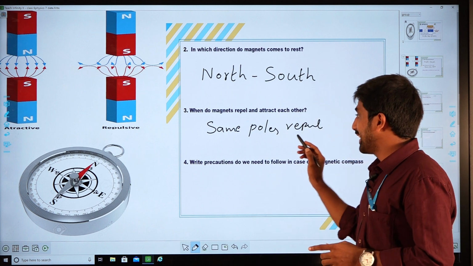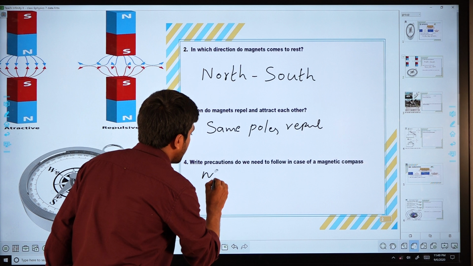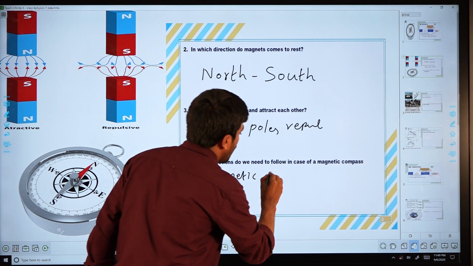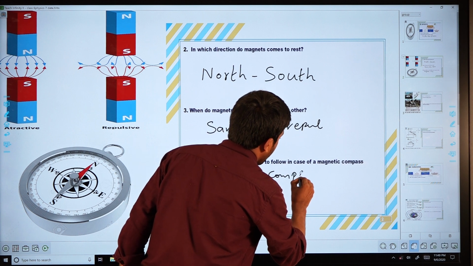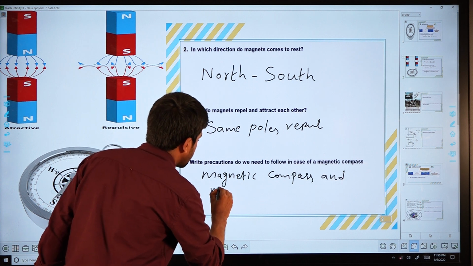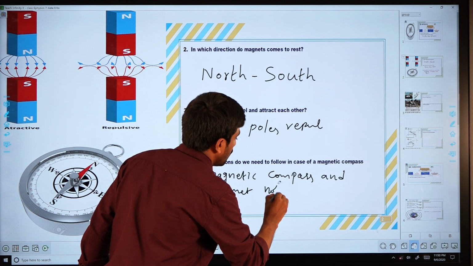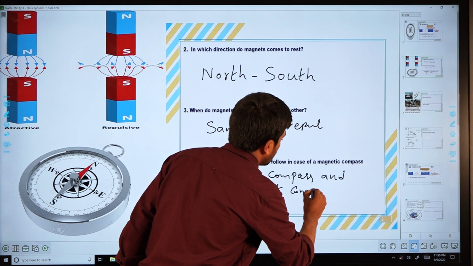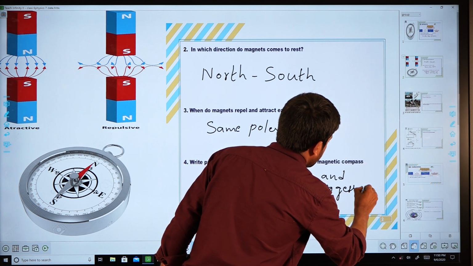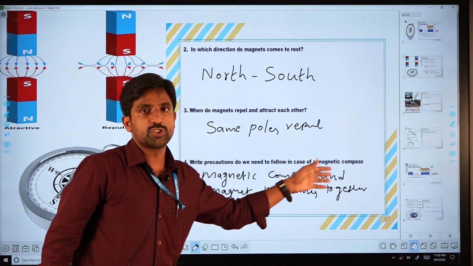That's why the magnetic compass and magnet should not be together. So this is the precaution: the magnetic compass and magnet should not come together.